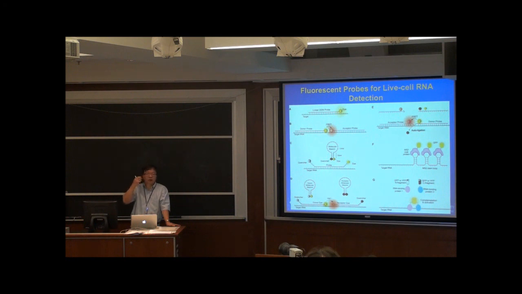We want a probe that does not give you signal when not binding to the target, and gives you the signal if there is a binding event. Since you cannot do washing, this gives you a more specific signal. So that's the basic idea of a molecular beacon.